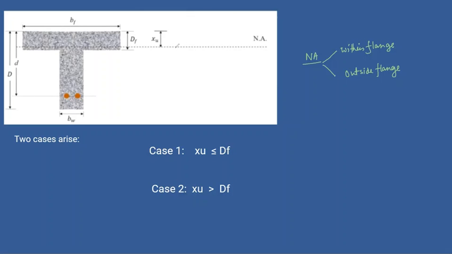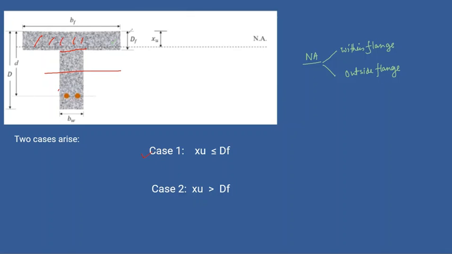Okay, so अभी if you are considering the depth of Xu, now Xu may lie out here, यहाँ भी lie कर सकते हैं. Let me change the color out here. It can lie in the flange or outside the flange, outside this area. It can lie over in the web portion also. Okay. Now based on this situation, we got two cases.